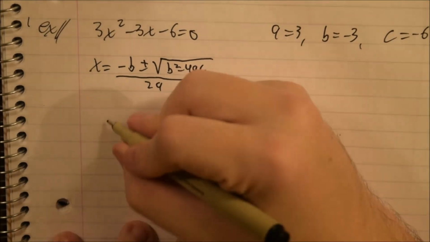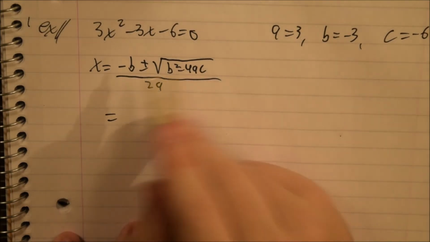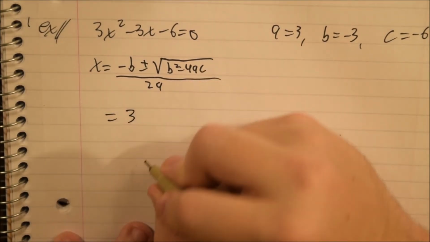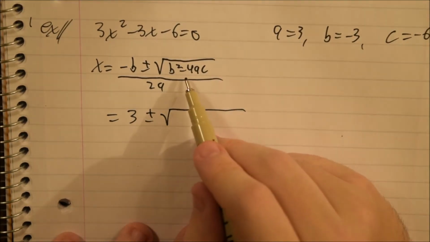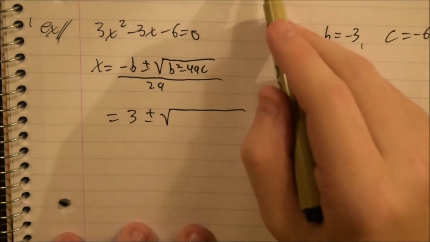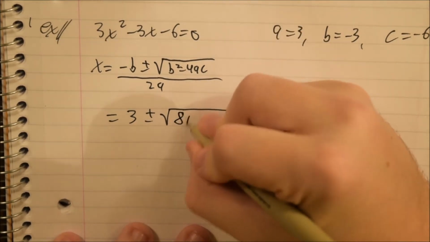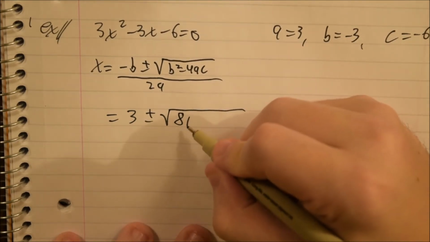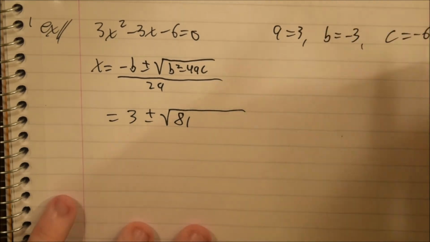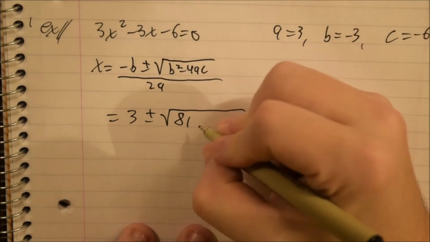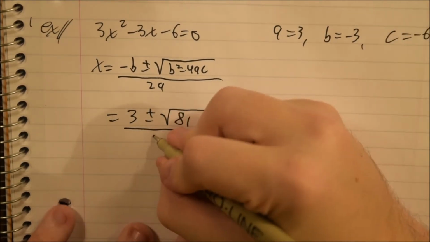Using these values, I have minus 3 gives me a plus 3. Then plus or minus the square root of b squared minus 4ac. Well, I just figured that out on the last slide, and that gives me 81. This is the discriminant underneath here, and I found out it was 81, which is greater than 0, so that's giving me two real solutions. I don't need to do this calculation again. Then I divide everything by 2 times a, which is 6.